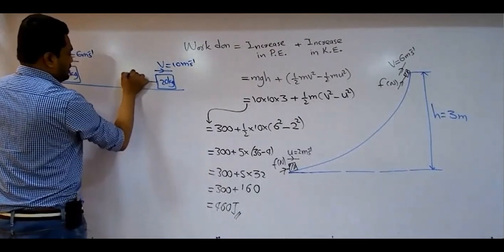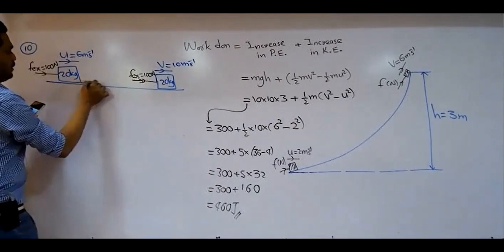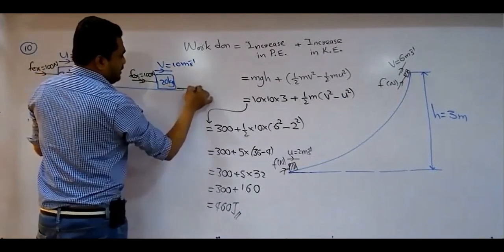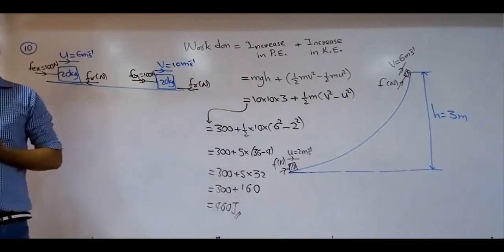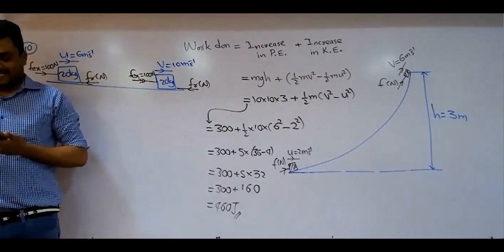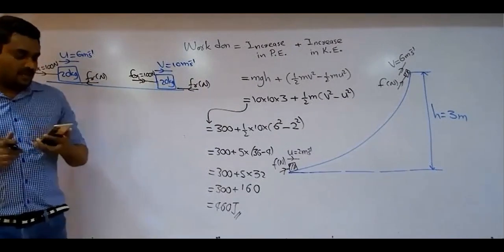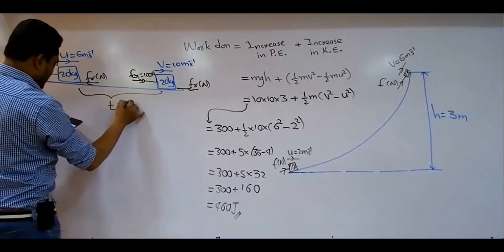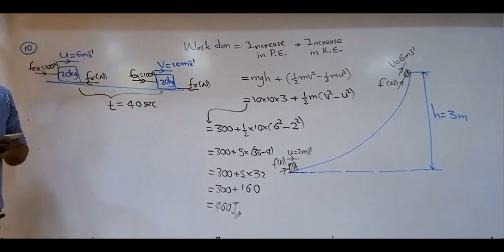So there should be a friction force like this. There will definitely be a friction force. Otherwise, they can't ask what is the coefficient of kinetic friction. The time taken for the motion is given as 40 seconds. Draw the figure for question number 10 quick.